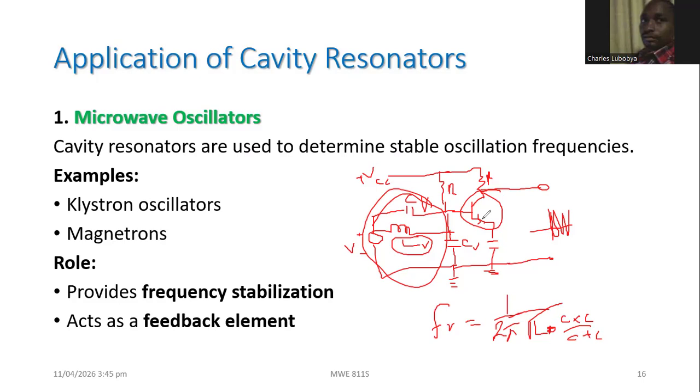The feedback itself is provided by that cathode anode combination. So all in all, that's why I said a part of these oscillators acts as a feedback element. The feedback part is in the design of the additional cathode and the anode.